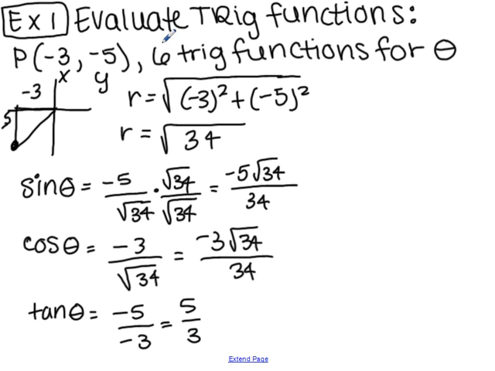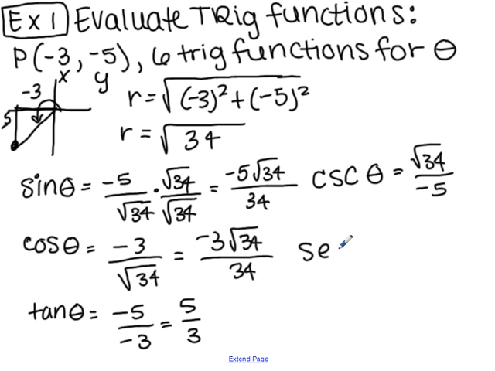That's only 3, however. We need all 6. So let's find the remaining 3. Cosecant is the reciprocal of sine. I forgot to mark my angle as this guy here. So cosecant is the reciprocal, so I flip this guy. It's going to be square root 34 over -5.